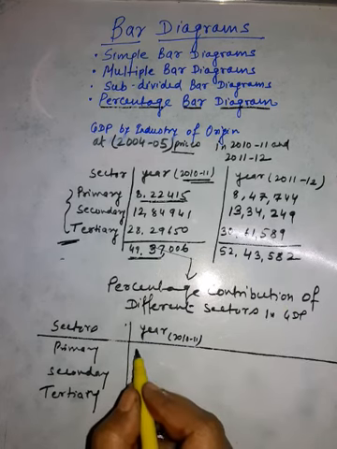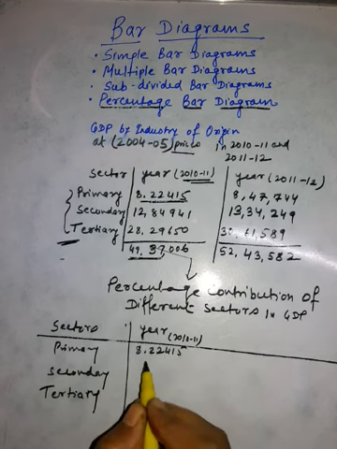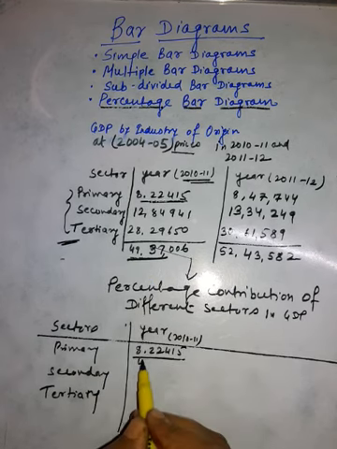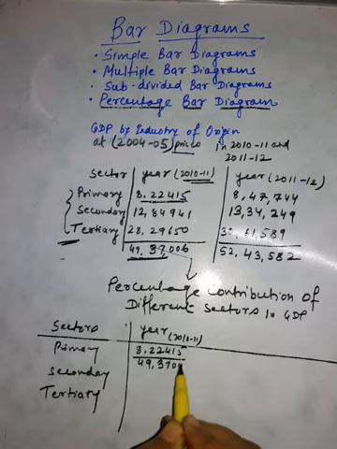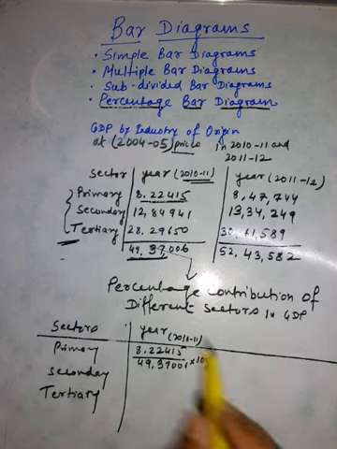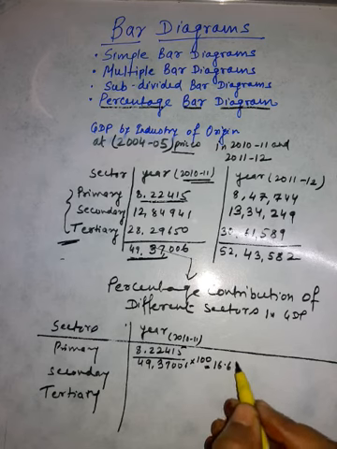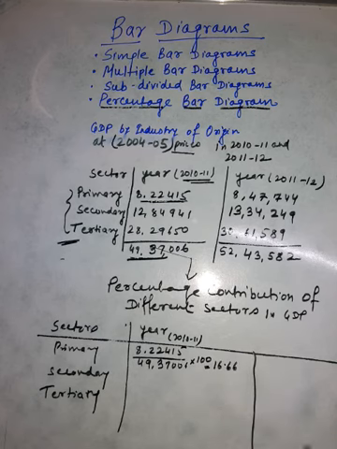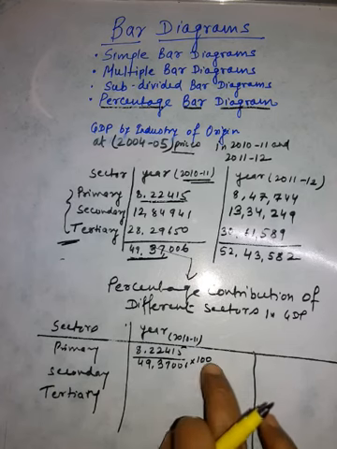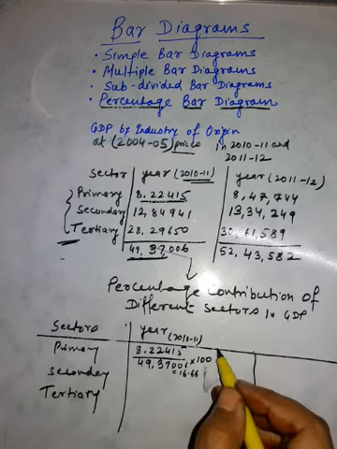Suppose 8,22,415 divided by the total, that is 49,37,006, multiplied by 100. I have calculated this with the help of a calculator, so that will be around 16.66. Okay, we have lack of space, so I will write 16.66 here.